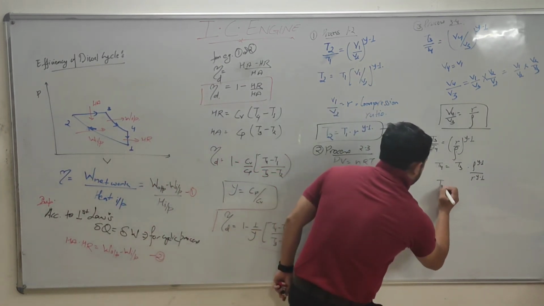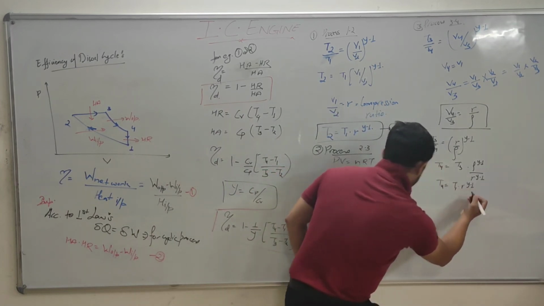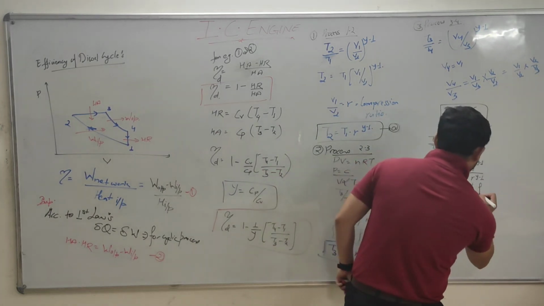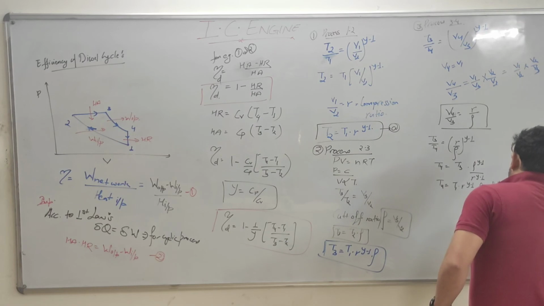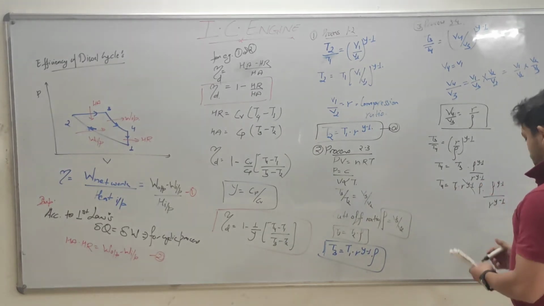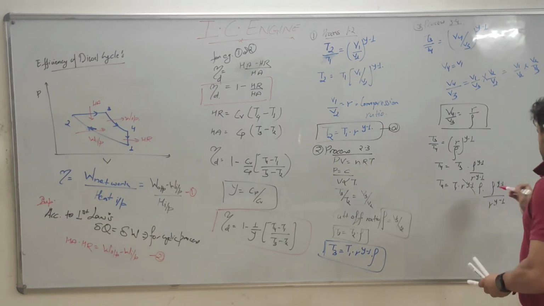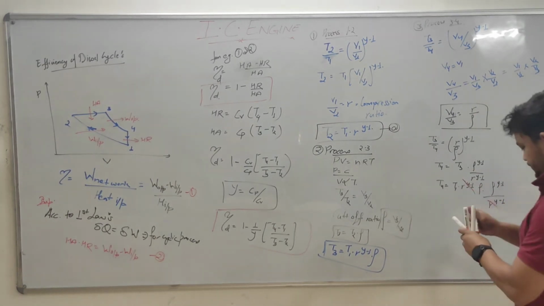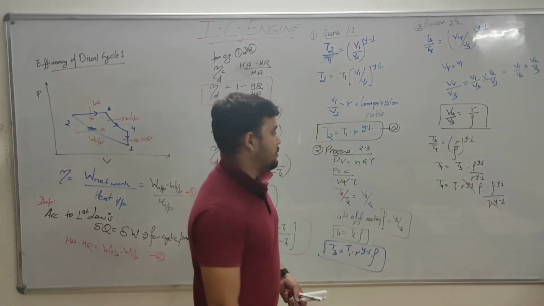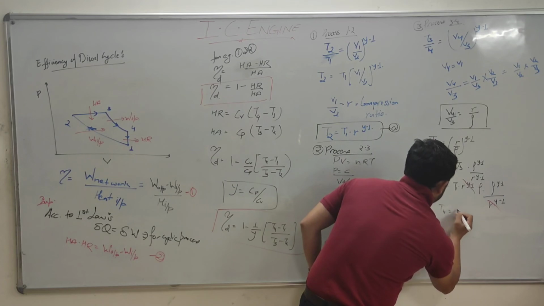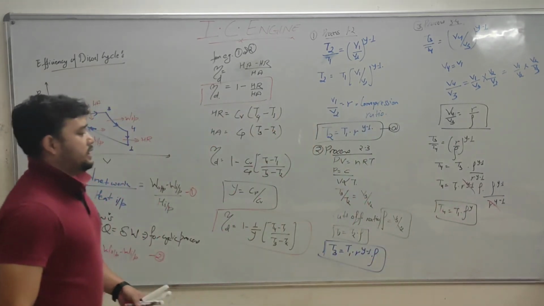Now T4 is equal to, what is T3? T1 into R to the power gamma minus 1 into rho to the power gamma minus 1 upon R to the power gamma minus 1. This R to the power gamma minus 1 and this R to the power gamma minus 1 will cancel out each other, and rho into rho to the power gamma minus 1 can be done as T1 into rho to the power gamma. This one will be the T4.